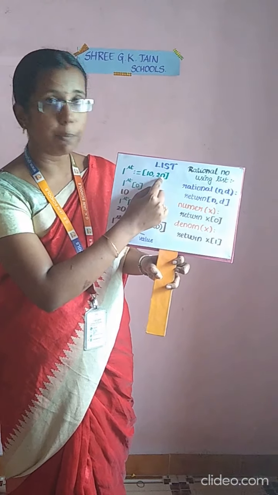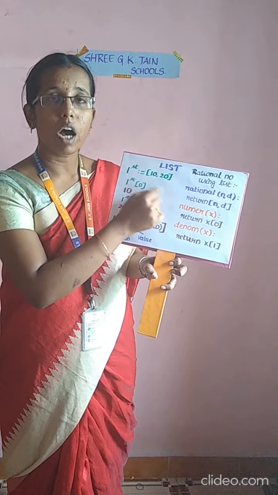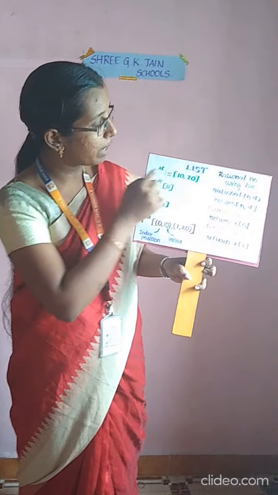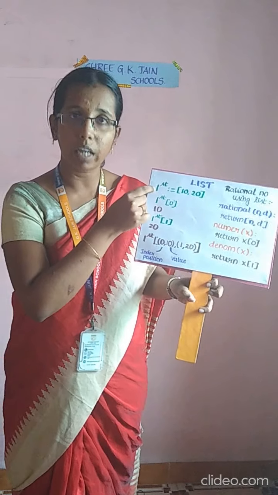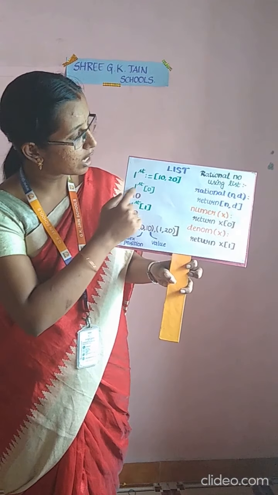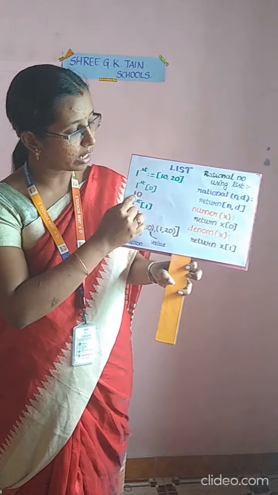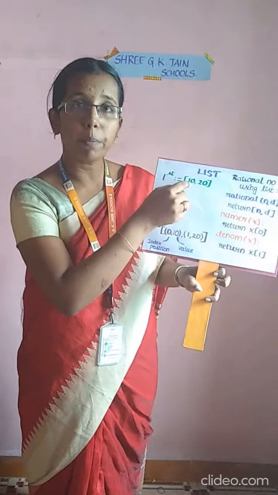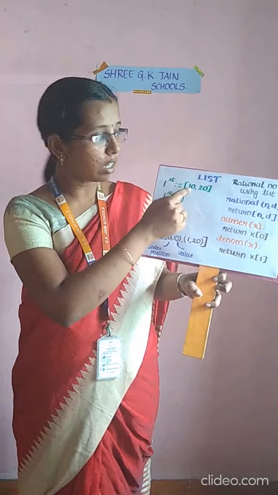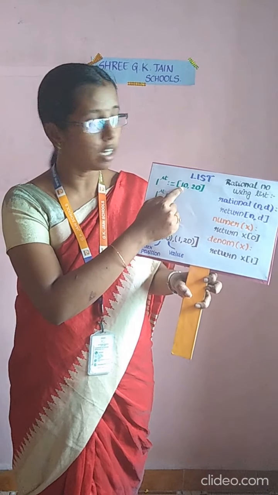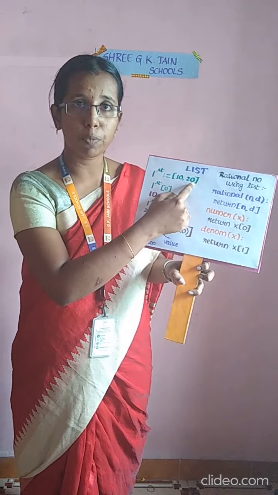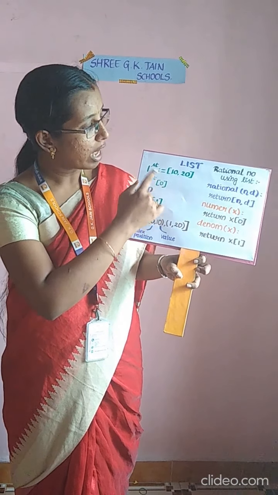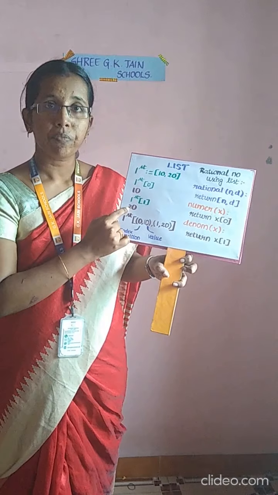So two elements 10 and 20 are passed over in the list and will be assigned to the name first. And first of 0 will be your 10 and first of 1 will be your 20. So 10 is in the 0th position and 20 is in the first position. So you can write it as first of 0 and first of 1.